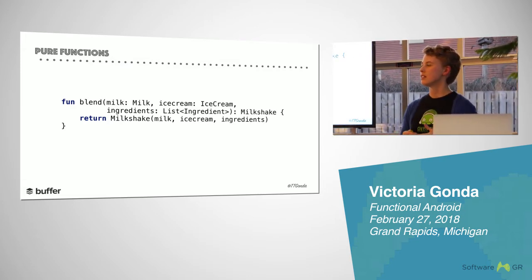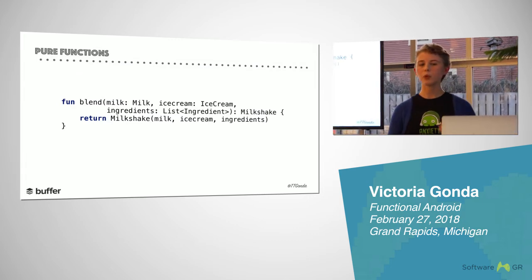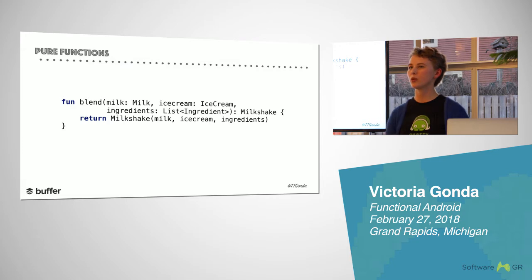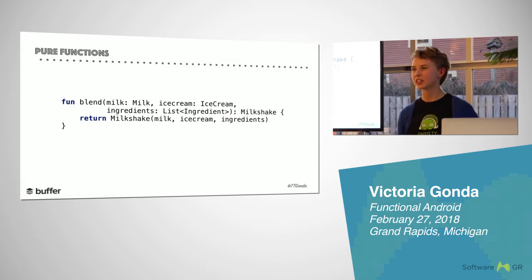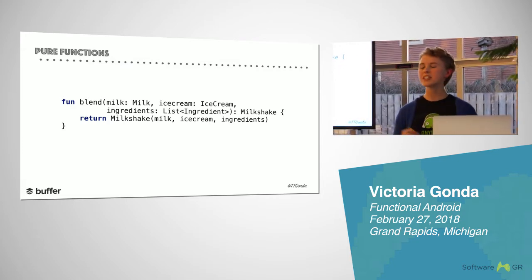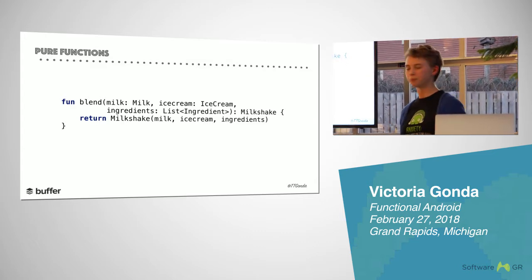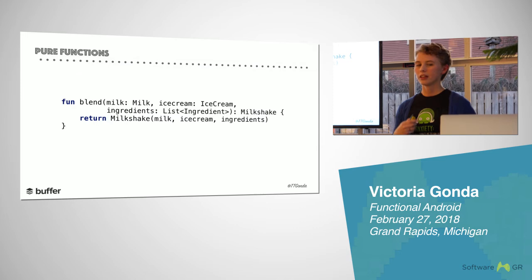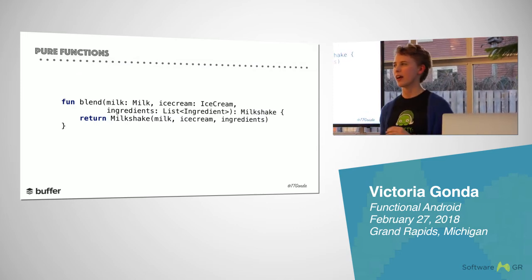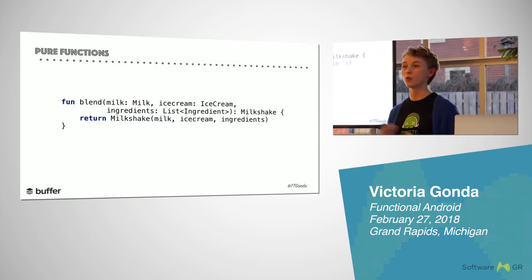Now it's not reliant on outside variables. We can be more confident that the function will behave in the way that we might expect. There's no way some other part of the code is going to change the ice cream on us now. And we can avoid that unexpected bug of getting the wrong kind of milkshake.